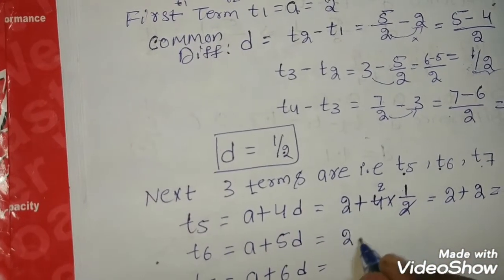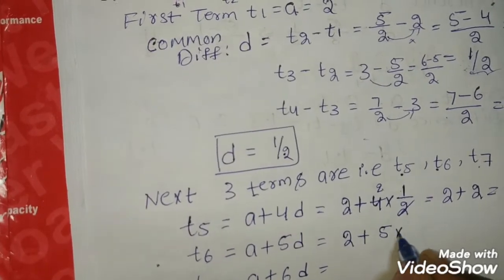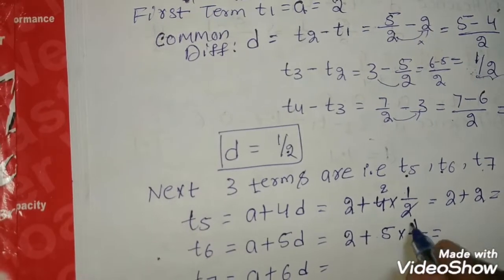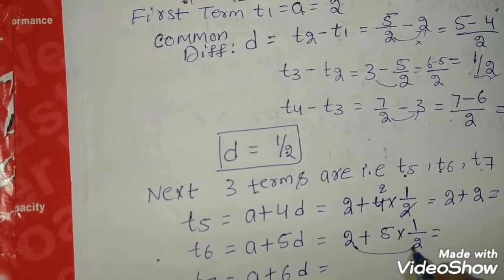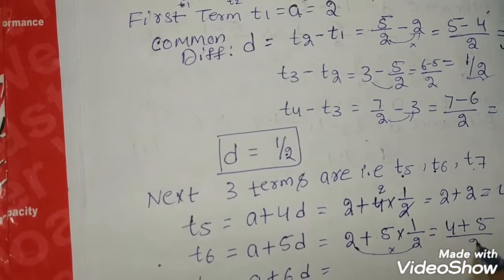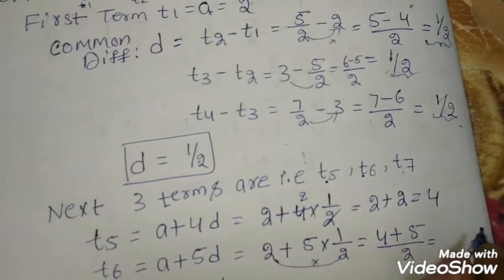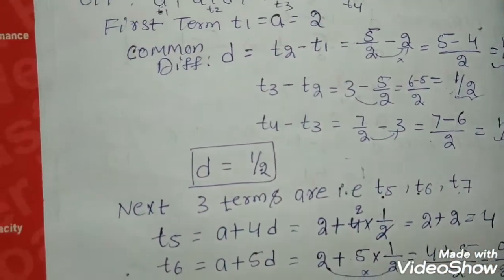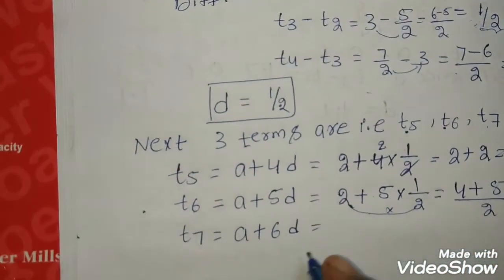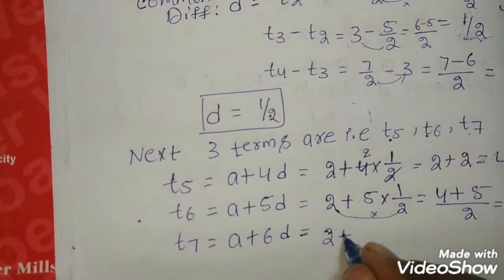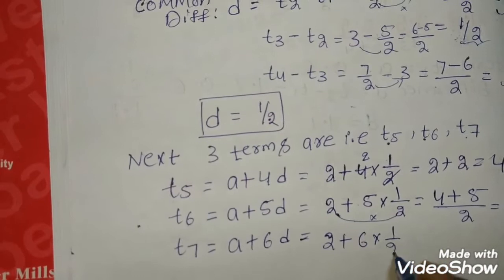Next, A plus 5 into D, that is 1 by 2. 2 plus 5 by 2, we multiply 2 into 2: 4 plus 5 divided by 2. 4 plus 5 is 9, so term 6 is 9 by 2. And next, term 7: 2 plus 6 into 1 by 2.